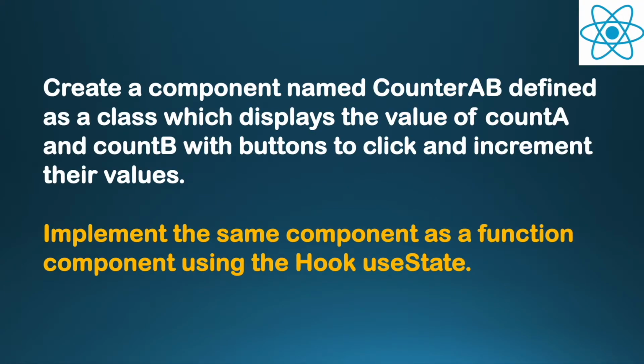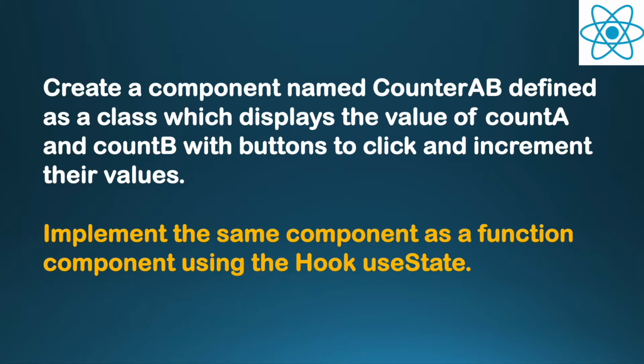Let's look at another exercise. Create a component named counterAB defined as a class which displays the value of count A and count B with buttons to click and increment their values. So in this case, what it means that in our state, we will have two fields, count A and count B, and with buttons to increment them.